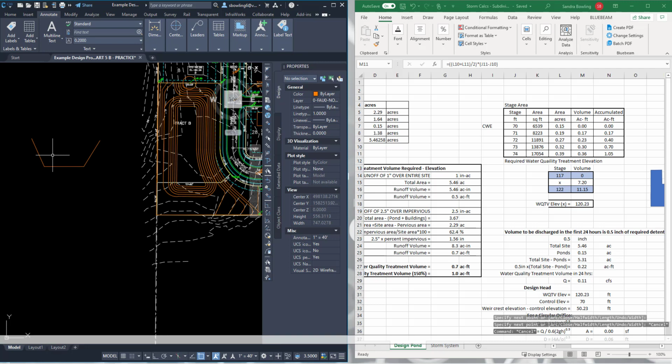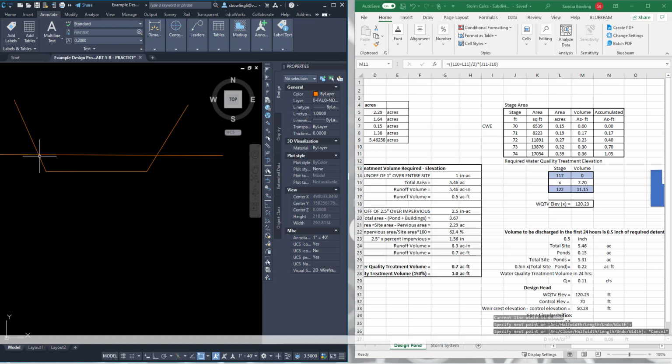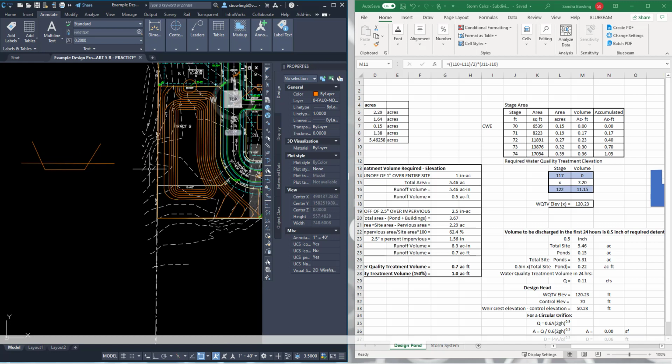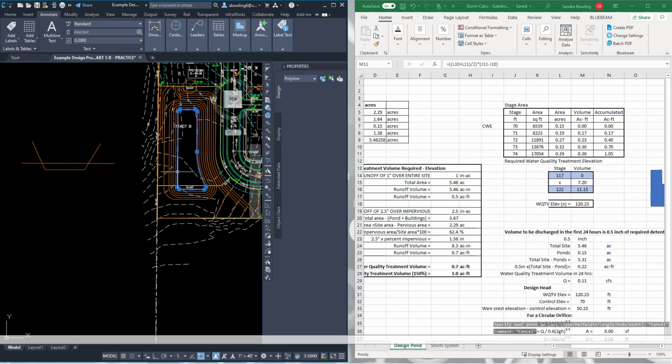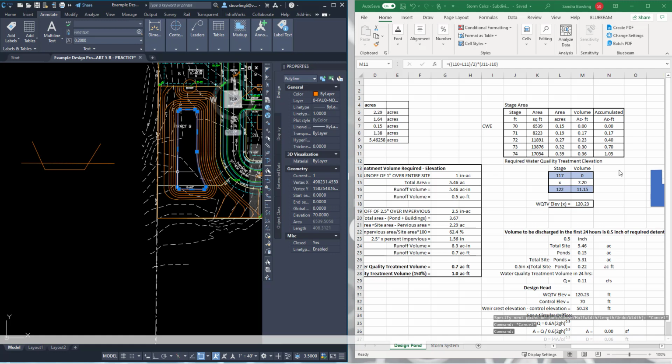So I'm looking at elevations, the average area of this contour and this contour, to get an average in between, and multiplying it by the distance between the elevations. That's called the average end area method.